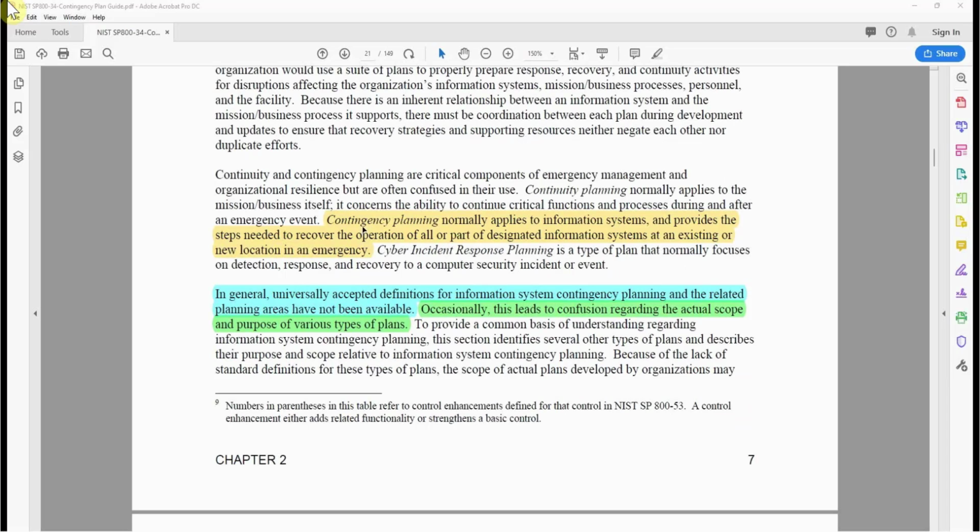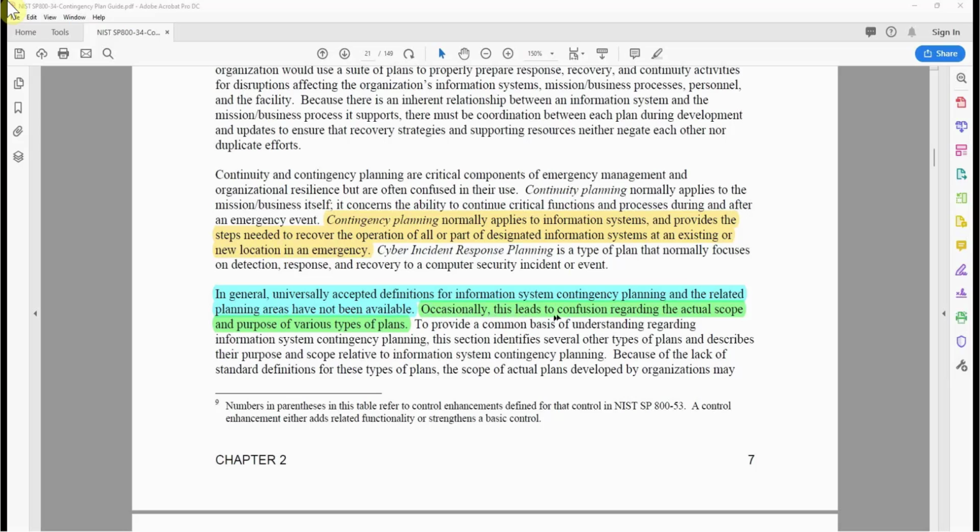Moving on. Contingency planning normally applies to information systems and provides the steps needed to recover the operation of all or part of designated information systems at an existing or new location in an emergency. In general, universally accepted definitions for information system contingency planning and the related planning areas have not been available.